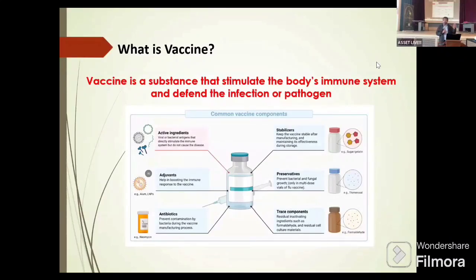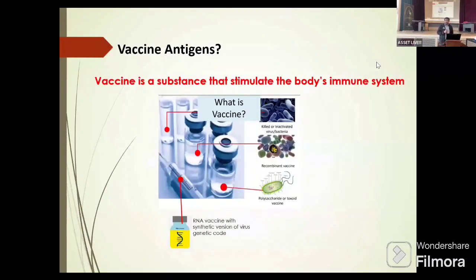So basically the active component is from the pathogen itself, and then there are some extra ingredients that can protect those ingredients, like adjuvants, antibiotics, and also stabilizers. These help the active ingredient products to stabilize during transport or storage, and also improve the mechanism of immunity.